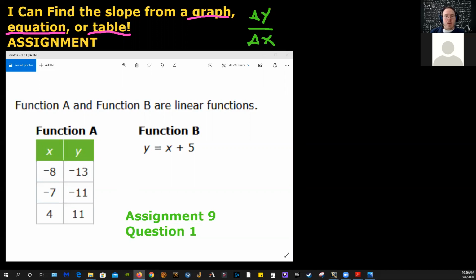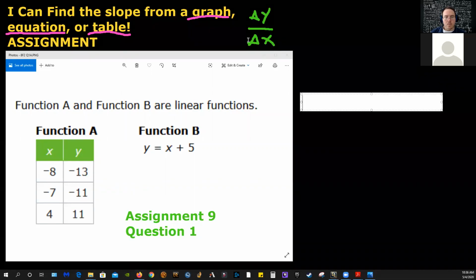Okay, so I want you to give me the slope of function A and the slope of function B, and then tell me which one has the greatest slope. So on the doc, here's what it says.